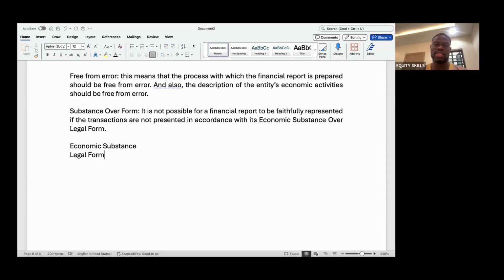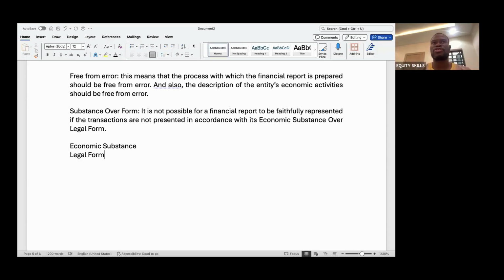Every transaction has a substance. Every transaction has a legal form. And the reality is that in most cases, legal form and substance are always the same. So economic substance is the economic reality of a transaction. It is the financial reality of a transaction.